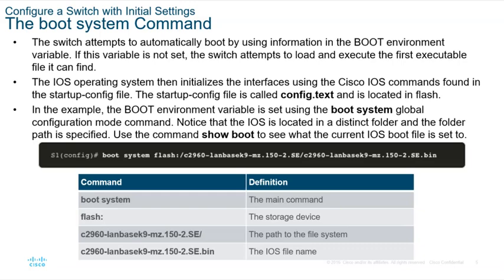So it's possible that you can have two images, or two IOS, on a switch or a router, and then you set it to use a specific IOS. But if it's not set, it's going to check the boot environment and select the first executable file.